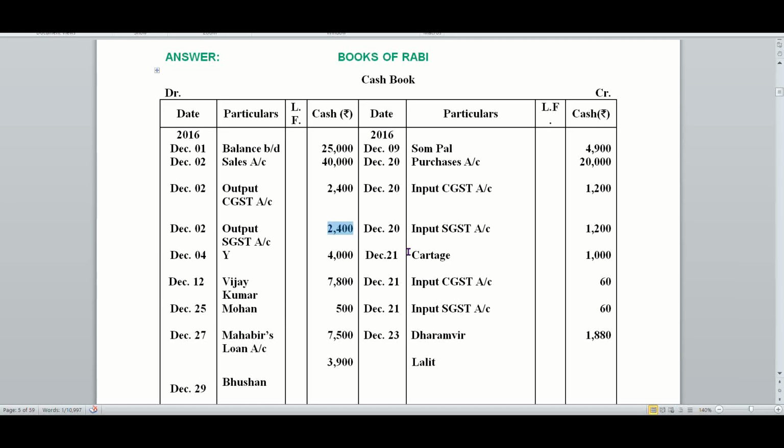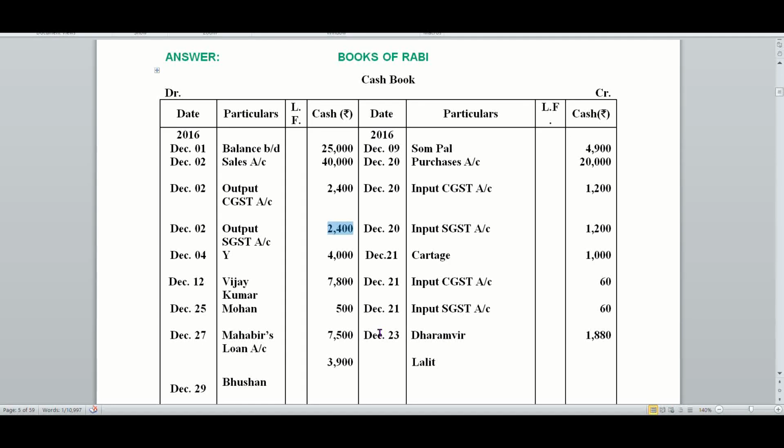Receipt from X on behalf of Y. That means the amount is receivable from Y, but X is sending the money on behalf of Y. So in our journal entry, say X is the agent of Y, X's name will not come.